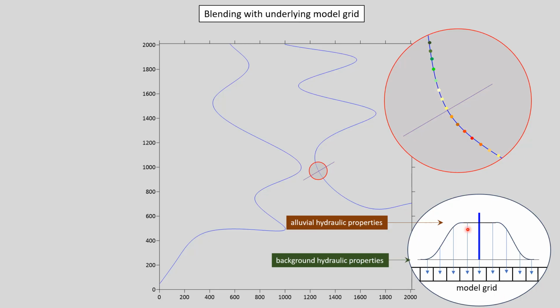By having a gradational change here rather than a sharp change, we maintain continuity of model outputs with respect to parameters as the locations of these vertices of the underlying alluvial skeleton change. So the location of the alluvium can be an adjustable parameter, and continuity of model outputs with respect to those parameters is maintained.